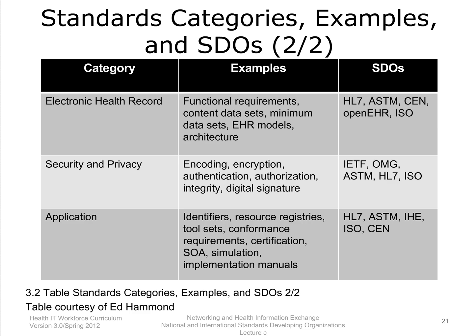Examples: Encoding, Encryption, Authentication, Authorization, Integrity, Digital Signature. SDOs: IETF, OMG, ASTM, HL7, ISO. Category: Application. Examples: Identifiers, Resource Registries, Toolsets, Conformance Requirements, Certification, SOA, Simulation, Implementation Manuals. SDOs: HL7, ASTM, ISO, CEN.